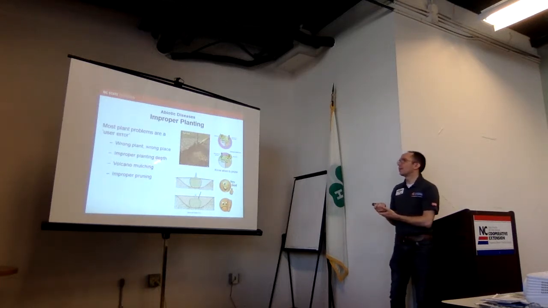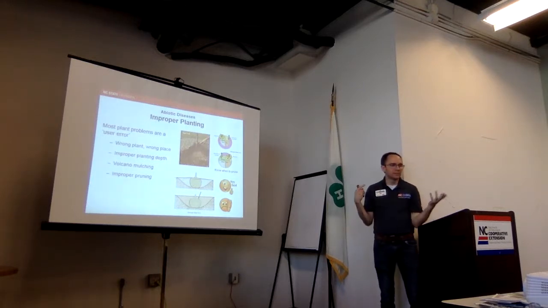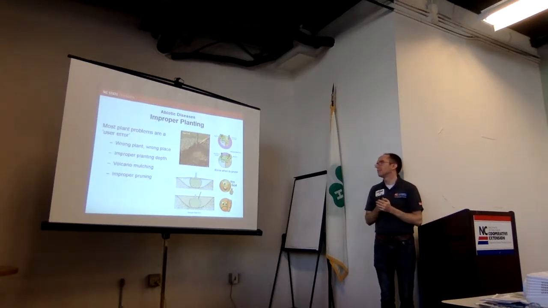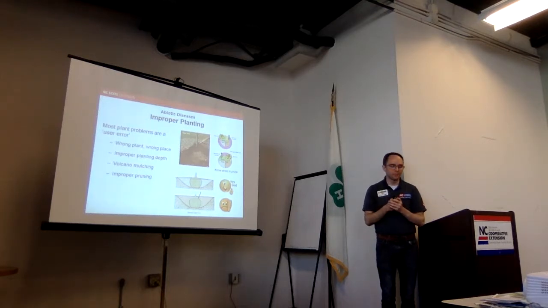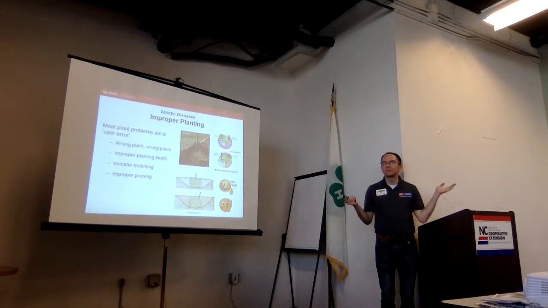And then a similar problem is volcano mulching, which is the unfortunate approach to things where if some is good, more is better. And landscapers are just guilty about this, but they put whole mountains, like little Mount Everest, around the base of the tree. And generally, is stem tissue supposed to be in the ground?